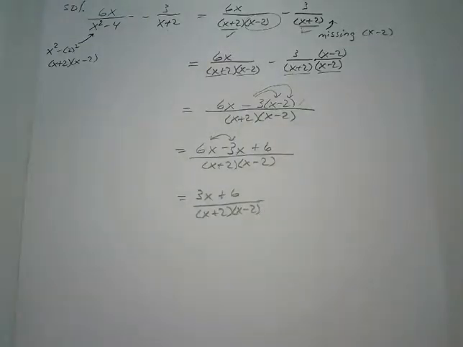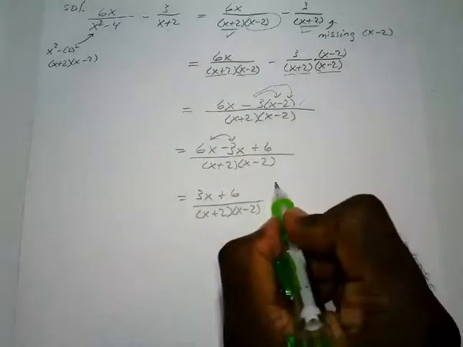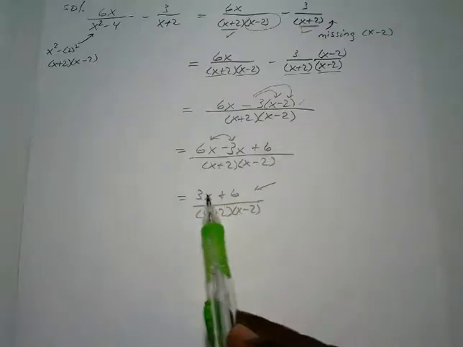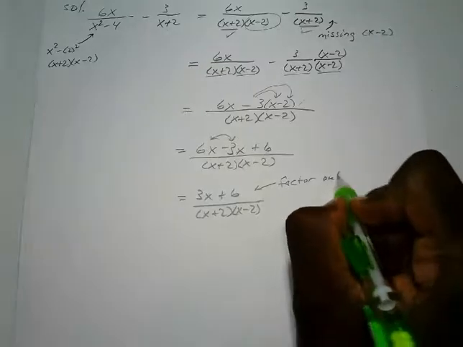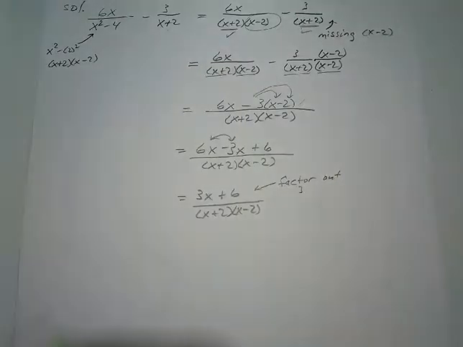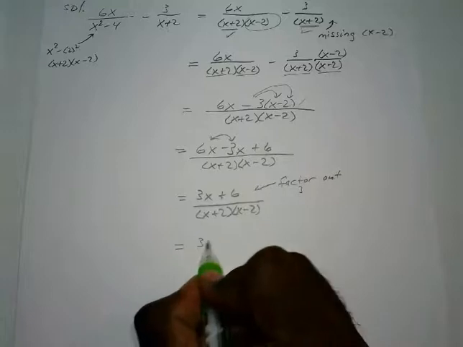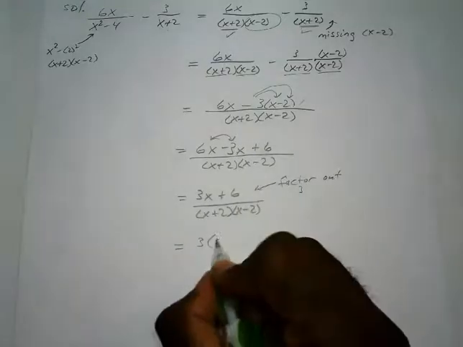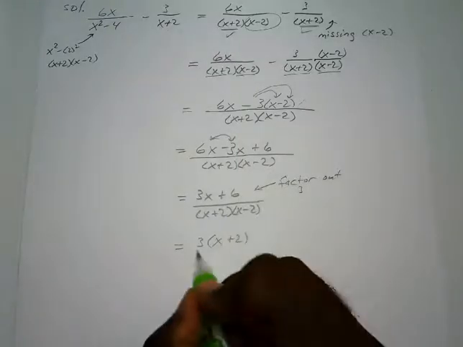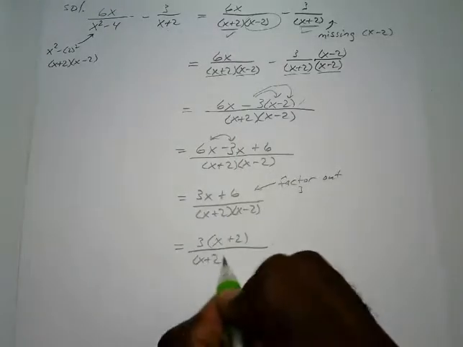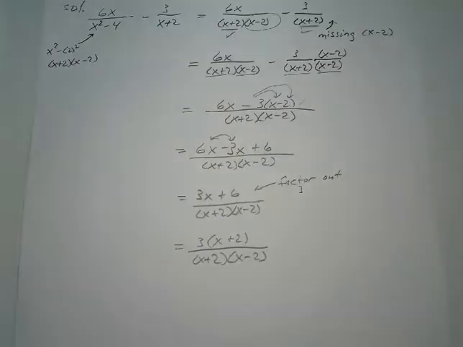Now remember, when it looks like you're done, factor your final answer to see if anything can cancel out. That's very important. Because if you look at these two terms, you can factor a 3 out of both of those. So that gives us 3 times x, which is 3x, and 3 times 2, which is 6, all over (x plus 2)(x minus 2).